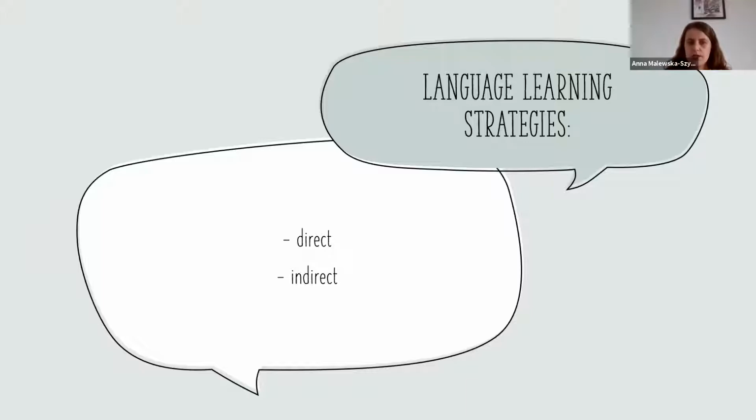Yeah, so she divided them into direct and indirect. And I think that both of them have some connection with emotions. Yes, so emotions are very important in our lives, and they kind of shape different things in our lives. So they can have influence also on the way we learn, the way we comprehend new aspects of, for example, language.